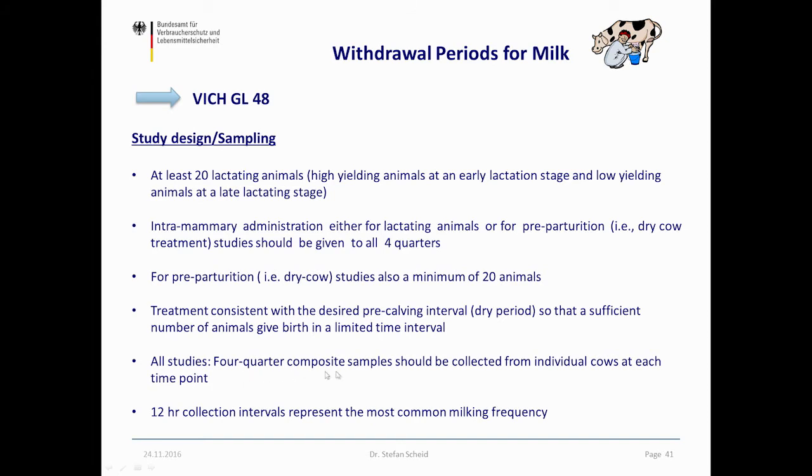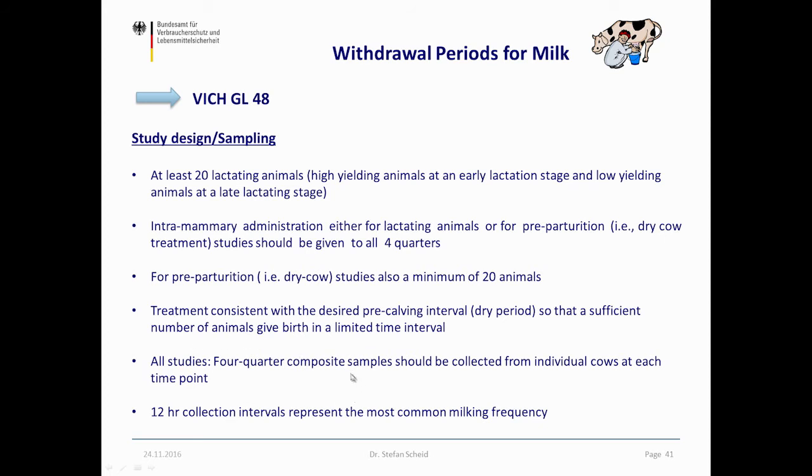And 4-quarter composite samples are collected from the individual cows at each time point. So you would treat 4 quarters and collect the milk from 4 quarters. And the typical collection interval would be 12 hours. So treat 20 animals. For intramammary treatment, always treat all 4 quarters.